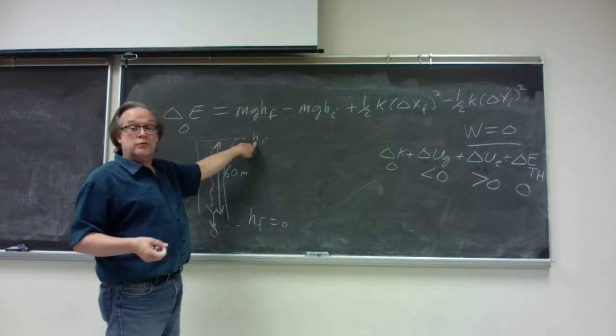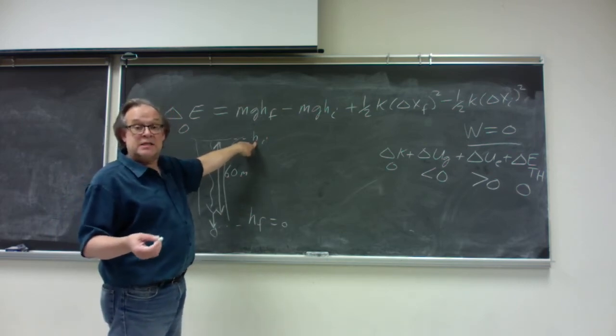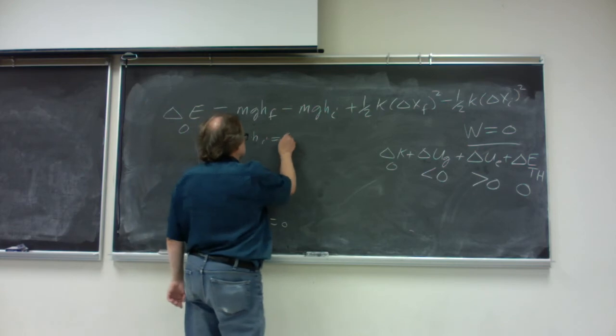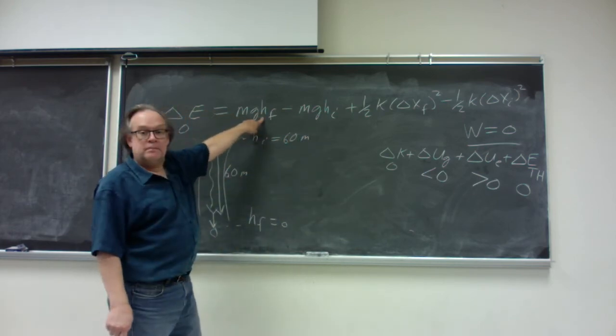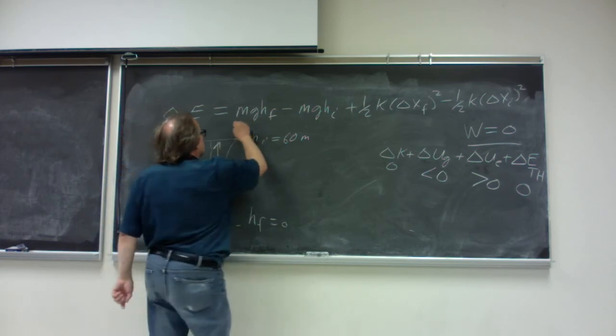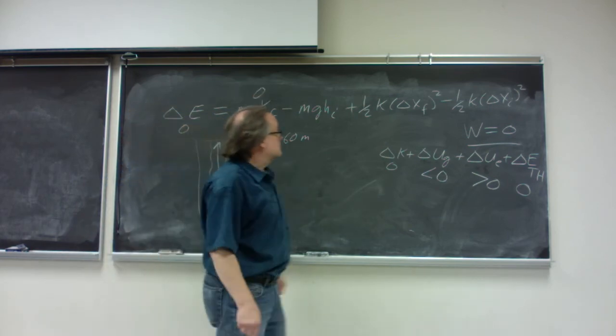So this value of elevation will just be plus 60 meters. And since the final value of elevation is 0, that term is 0.